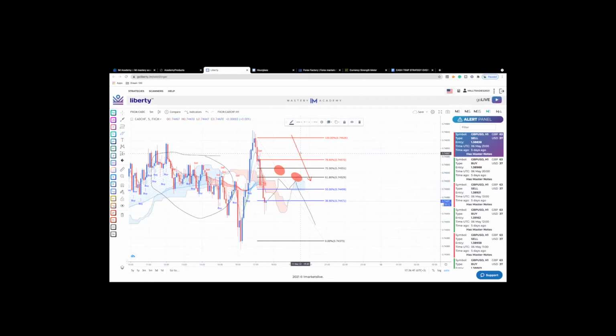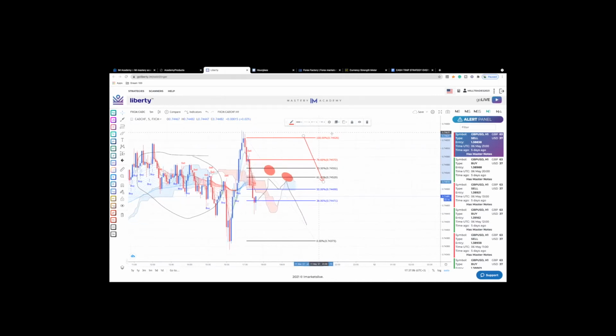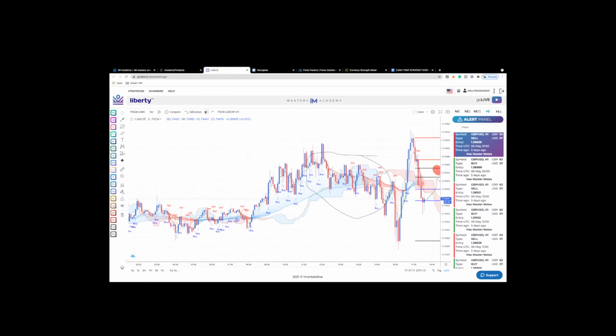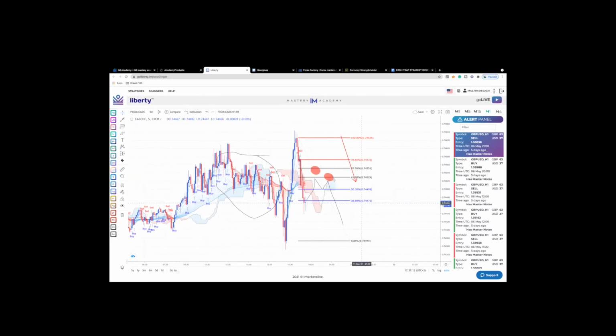Does that make sense? Because above the red line becomes an excellent entry for a sell, below the 70% becomes a decent one, and then the 61 becomes a good one. Or, no, sorry: decent, good, and then great. And then vice versa, you simply use this same thing.